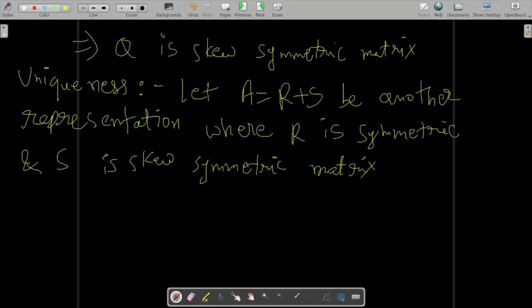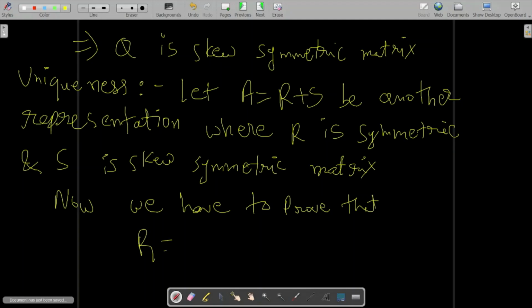Now in order to prove the uniqueness, we have to prove that R is equal to P and S is equal to Q. To prove that, we will simply take the transpose of A. A is equal to R plus S according to our assumption.